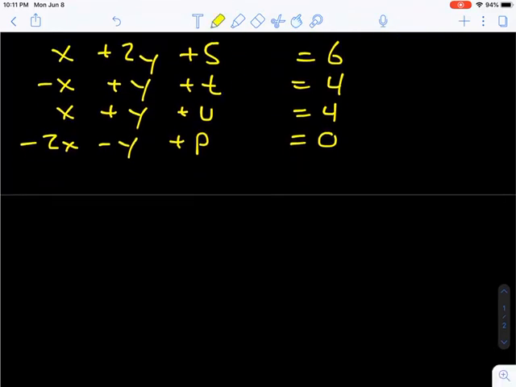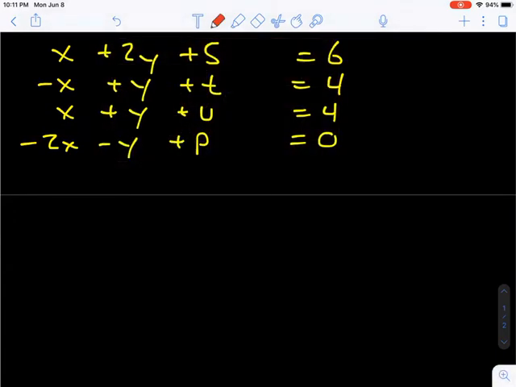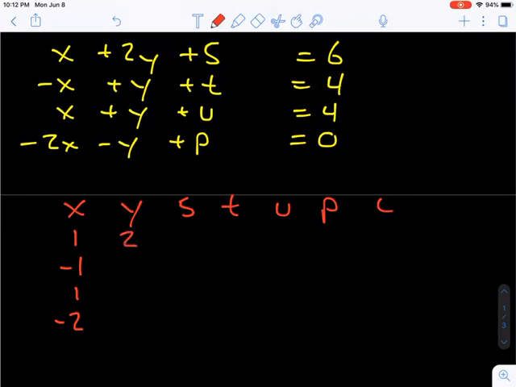From the system of equations, we are going to create our table. We will have an x column, a y column, and a column for each slack variable, s, t, u, p, and then our constant. The coefficients in the x column are 1, negative 1, 1, negative 2. The y column, we have 2, 1, 1, negative 1.